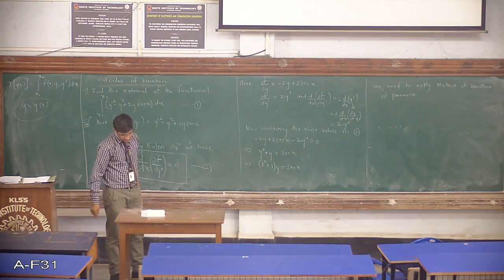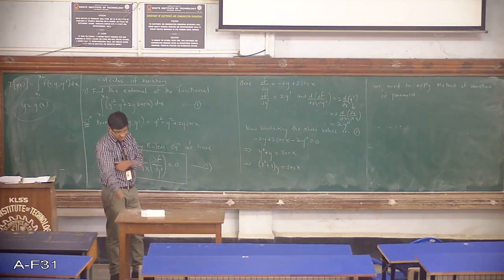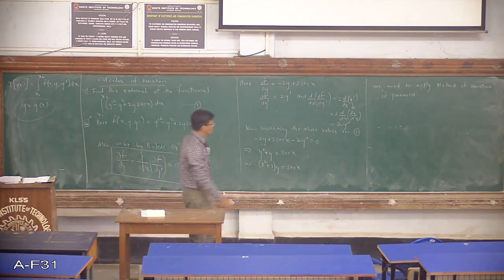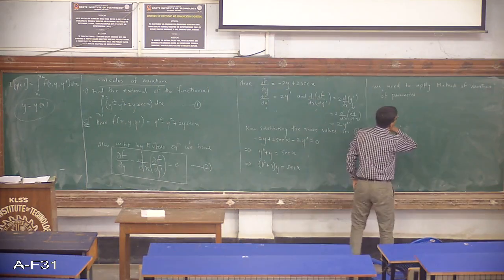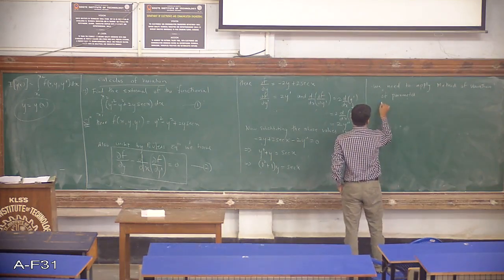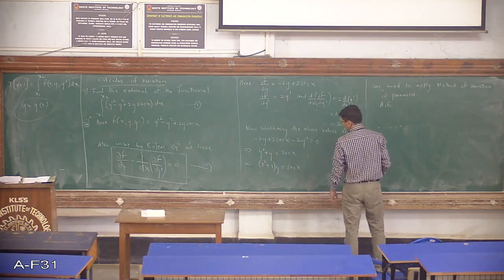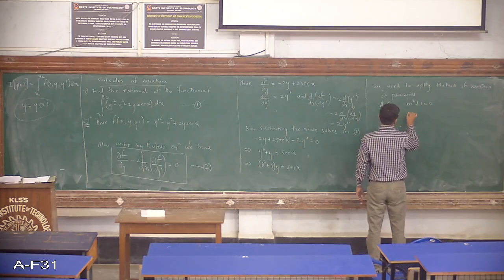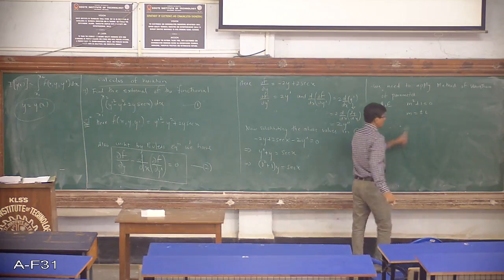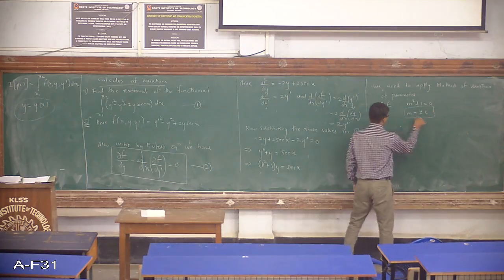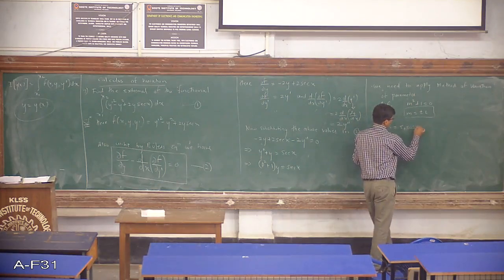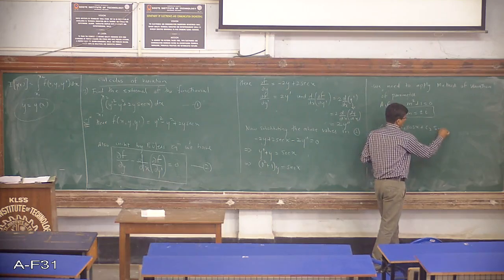But before that, I will take its complementary function, therefore I take its auxiliary equation. The auxiliary equation is m square plus 1 equal to 0, m equal to plus or minus i. So I get imaginary roots, therefore the complementary function is C1 cos x plus C2 sin x.